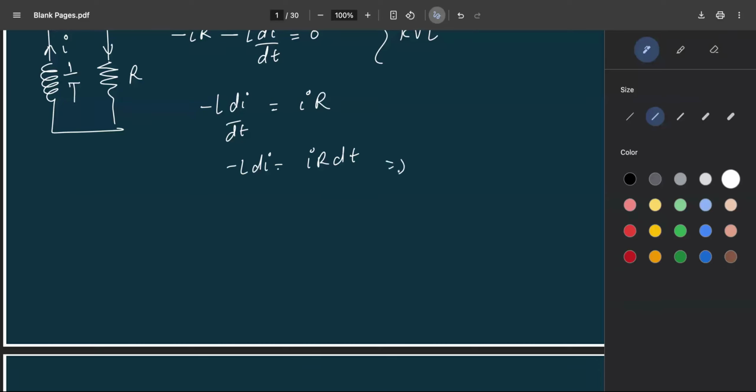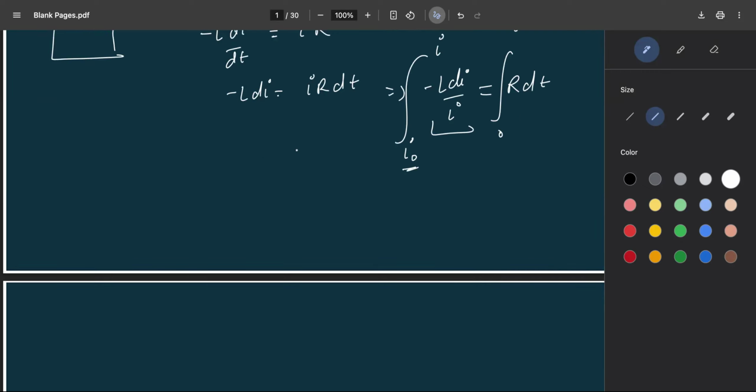This I will go downside, so it is simply an integration we are going to do, nothing else. This current is going from some maximum current I naught to some smaller current I, and here you are going from zero time to some time t. So you are going to get negative of log of final I by I naught. You should know this integration part. And here you are going with R t.